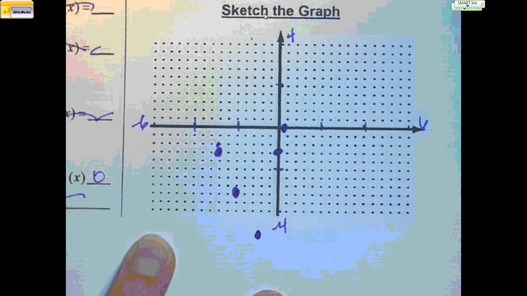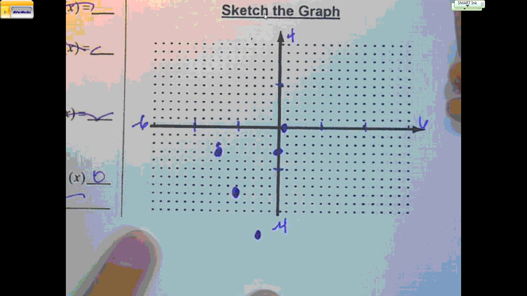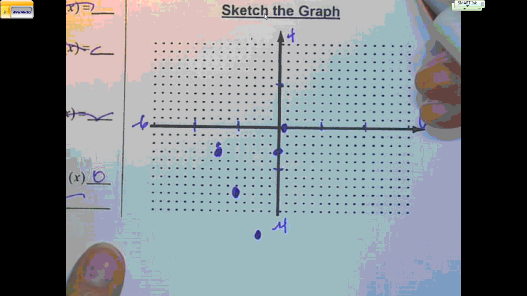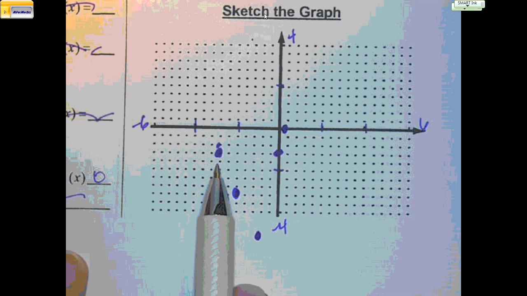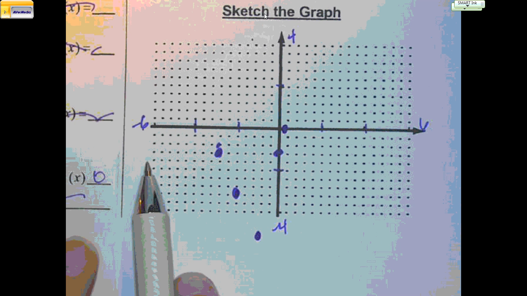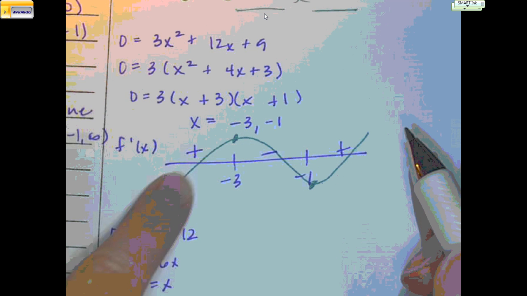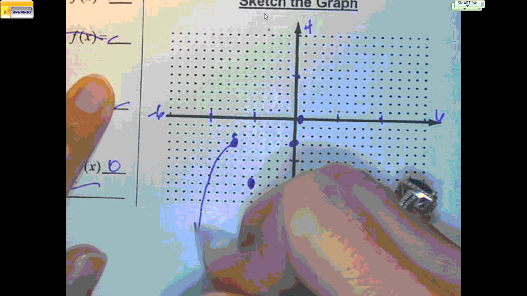So now we have to look at concavity and whether it is increasing or decreasing. Right here, x is -3, so I need to know what's happening left of -3. If I look at my number lines, left of -3, it's increasing and it's concave down. So I'm thinking it must do this. And I also know that that's a local maximum, so it tops out right there, meaning it probably heads back down.